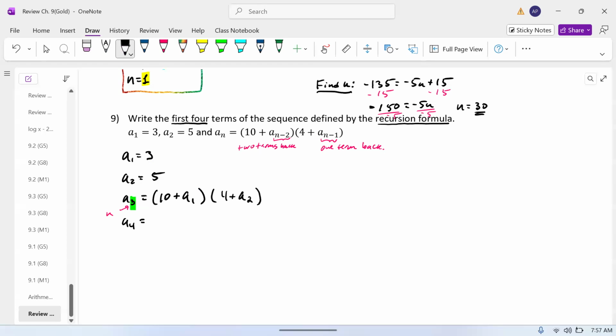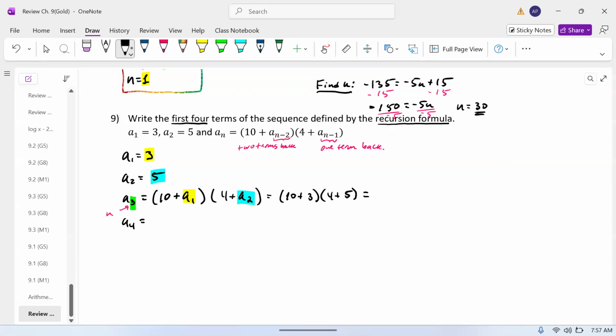I highly recommend that you write out your expression using a's first and only then start substituting the numbers. Now it's much easier because we know a sub 1 is 3 and a sub 2 is 5. Therefore, it's going to be 10 plus 3 times 4 plus 5.